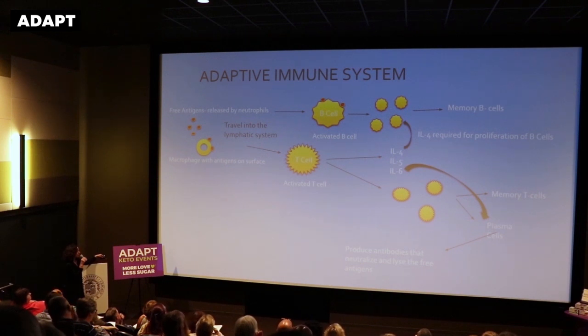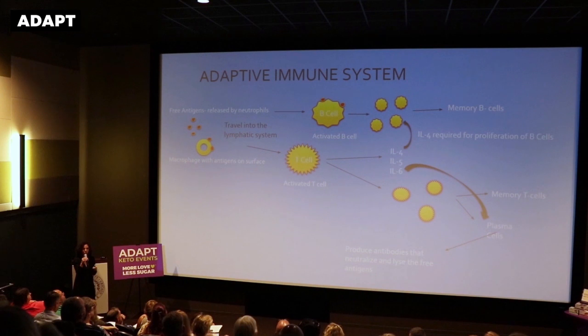So in inflammation, and in inflammation related to disease, we have activation of both the innate immune system and the adaptive immune system. There are also other areas of the immune system that we're not going to touch on today because they get more complicated: the complement system and the cell-mediated immune system.